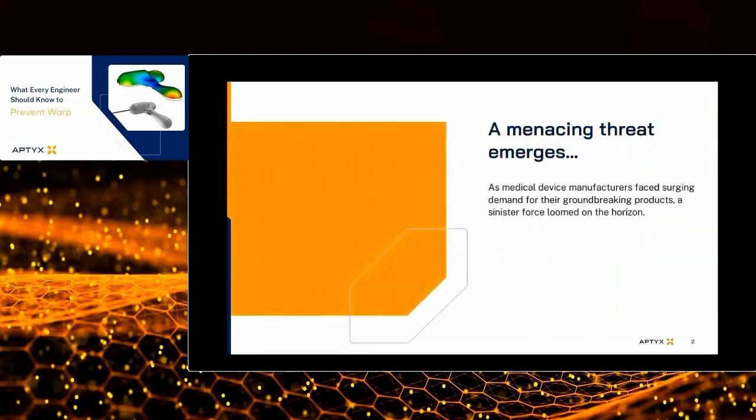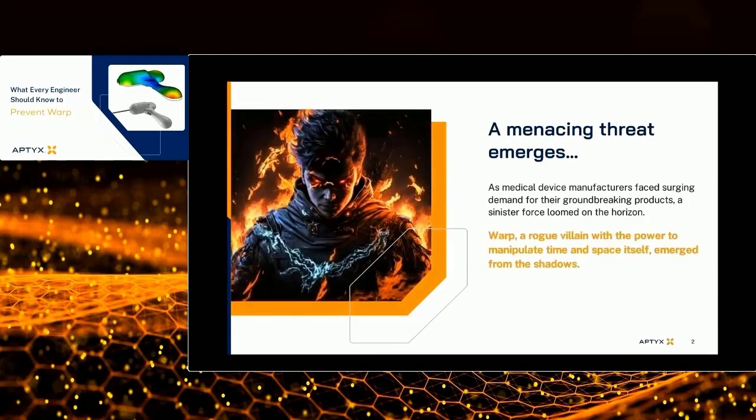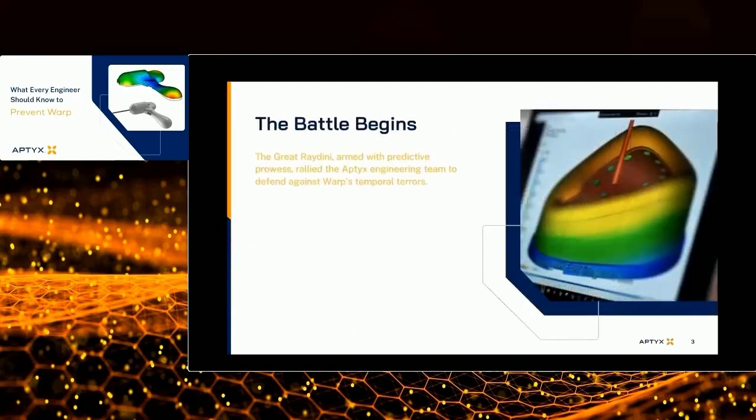As medical device manufacturers faced surging demand for their groundbreaking products, a sinister force loomed on the horizon. Warp, a rogue villain with the power to manipulate time and space itself, emerged from the shadows. Driven by a thirst for chaos and destruction, Warp sought to disrupt manufacturing operations and plunge profits into darkness. The Great Raydini, armed with predictive prowess, rallied the Aptyx engineering team to defend against Warp's temporal terrors.